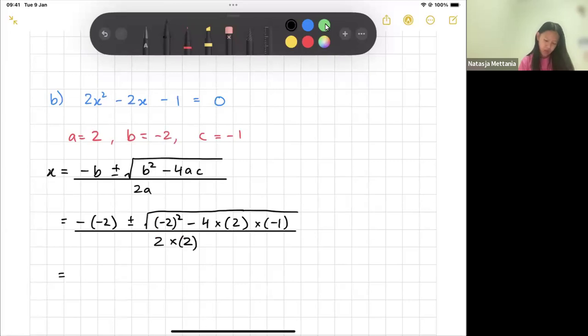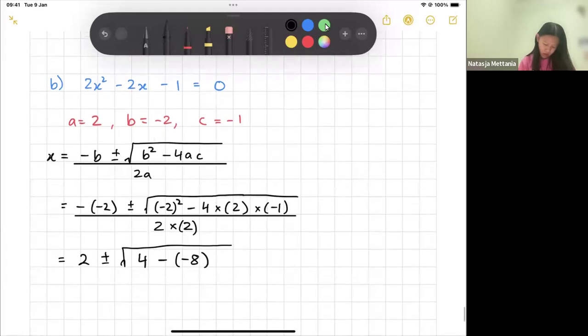Okay. -1 times -2 gives me +2, plus or minus -2 squared gives me 4, minus 4 times 2 gives me 8, times -1 gives me -8, all over 4.